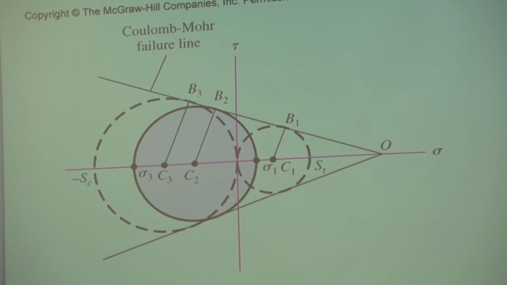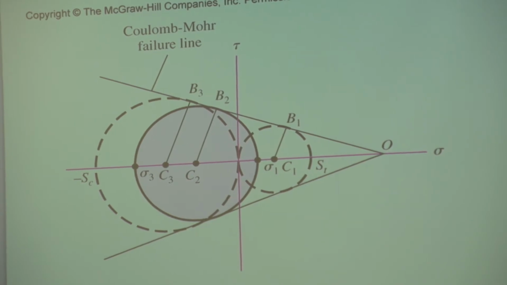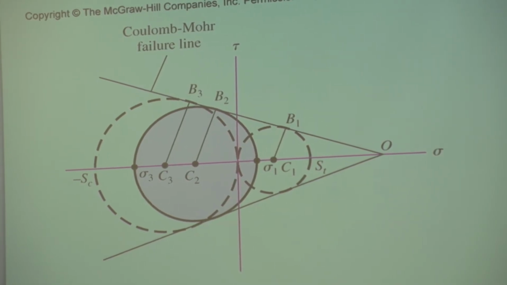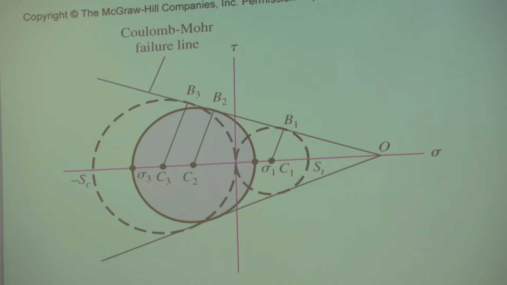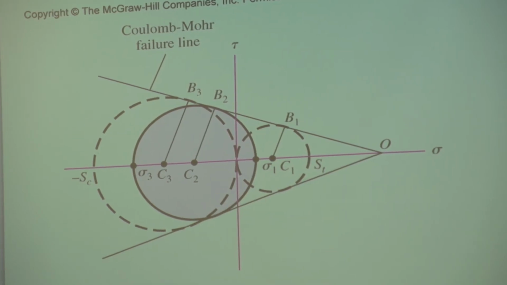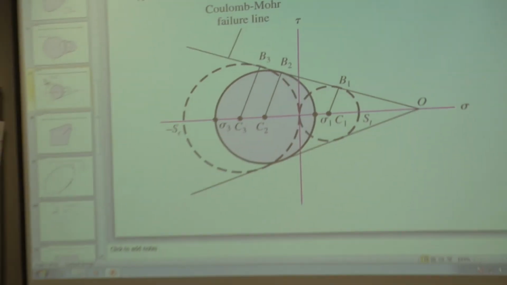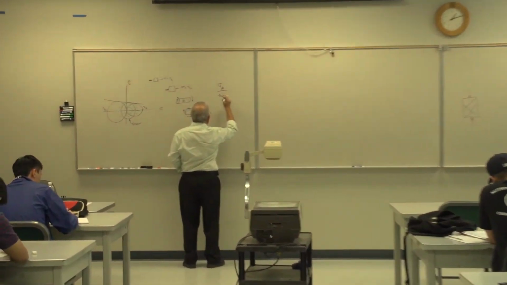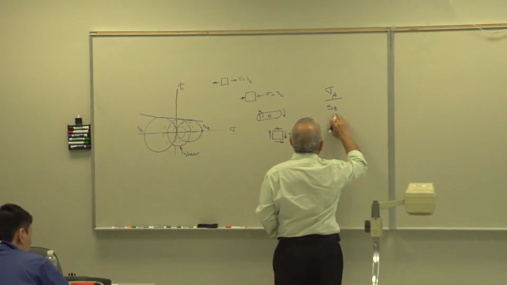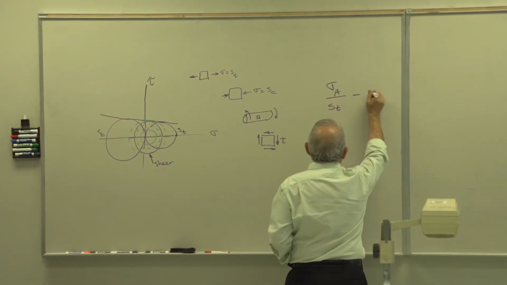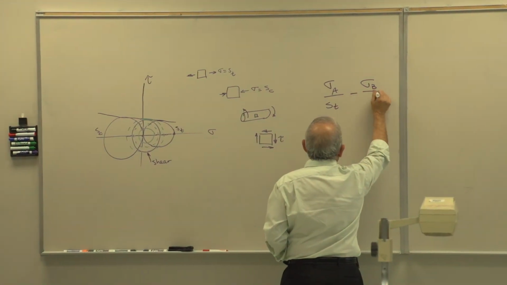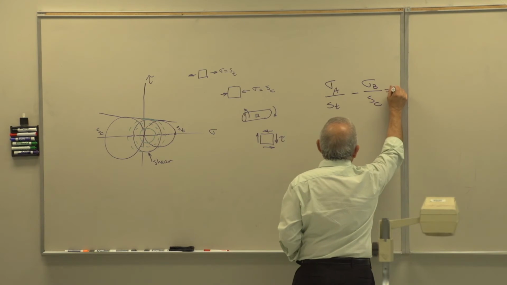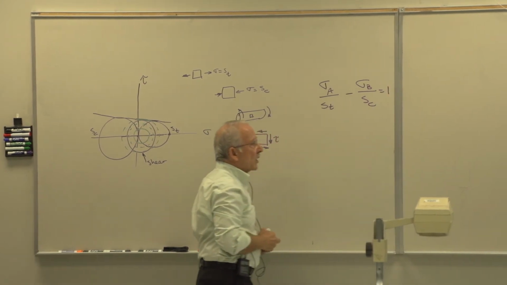In other words, if you do that, this is what you get. I'll write that equation on the board for you. You get sigma A over ST. This derivation is in your book, so I suggest that you read it and make sure that you understand it. Minus sigma B over SC equals 1.